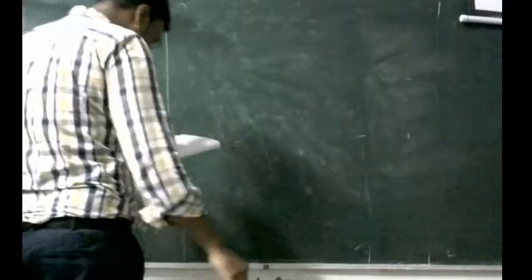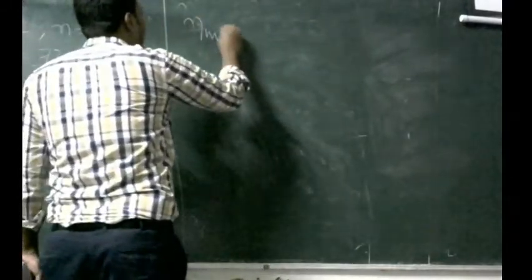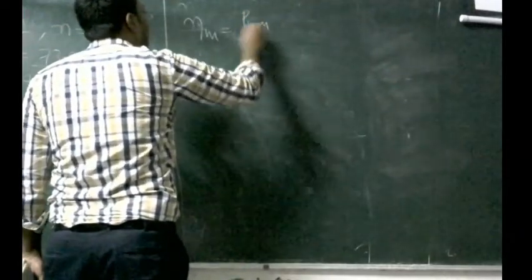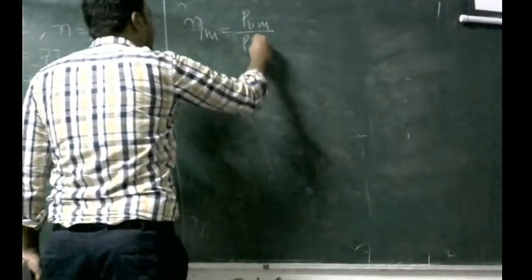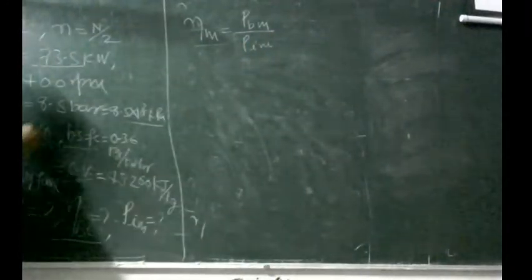So what is the value of indicated mean effective pressure? Eta mechanical is equal to, you know the formula, brake mean effective pressure divided by indicated mean effective pressure. The value of eta mechanical is given in the question, that is 0.8.